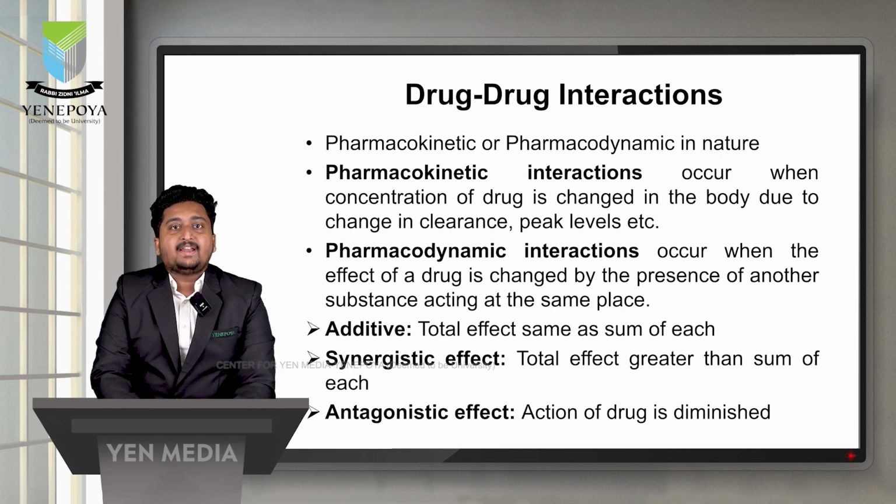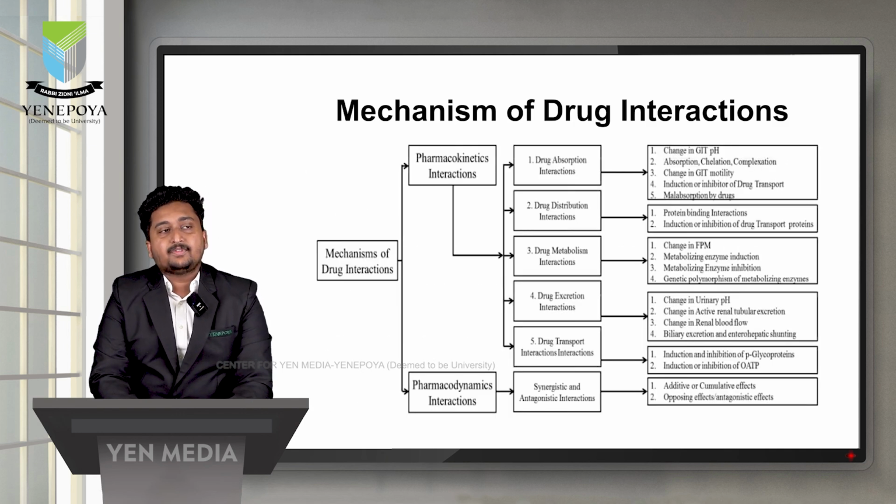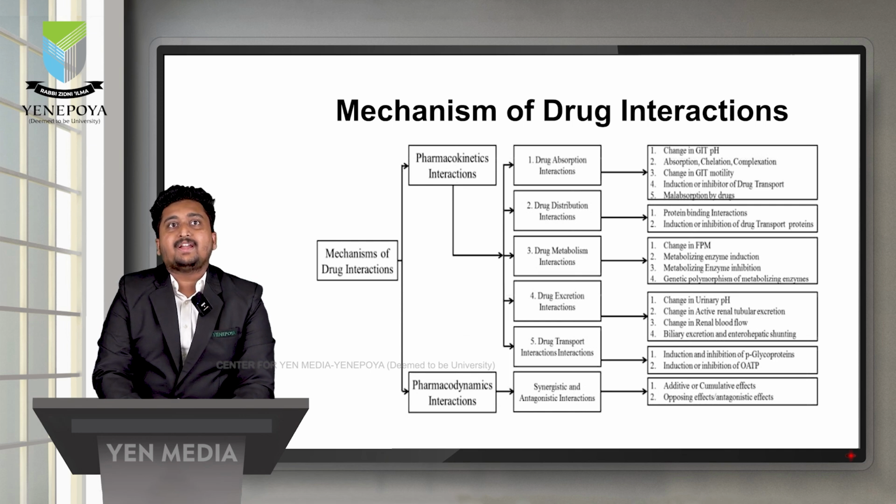And finally, we have the antagonistic effect, which is nothing but one drug diminishing the effect of another drug. You can see a picture of the mechanisms of drug interactions. There are various mechanisms with respect to pharmacokinetic and pharmacodynamic interactions.